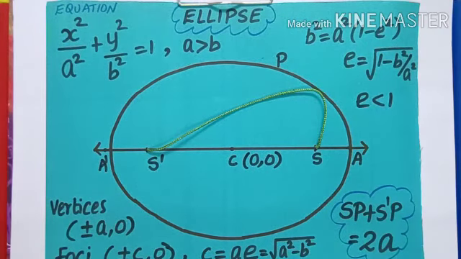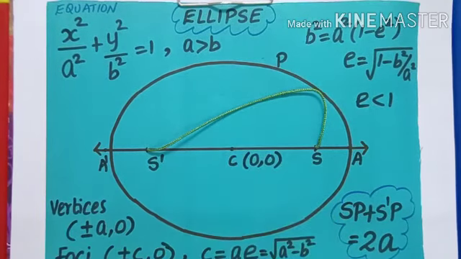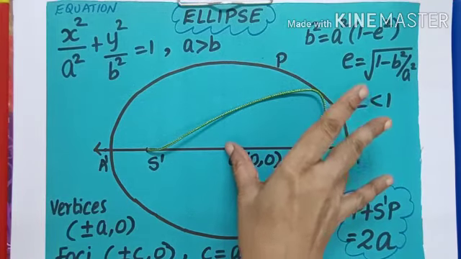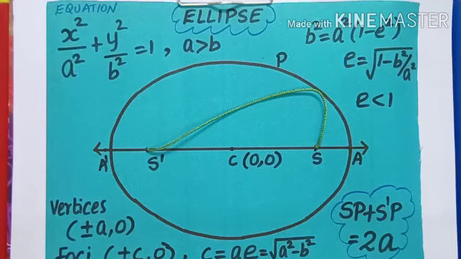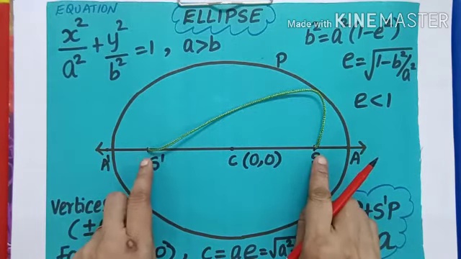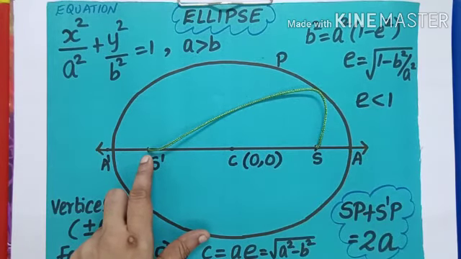The second concept, ellipse. How to draw an ellipse? See, we all know how to draw a circle. We mark the center, we take a radius, we turn around to get the circle. For an ellipse, fix 2 points, the foci, because in the parabola we had only one focus.